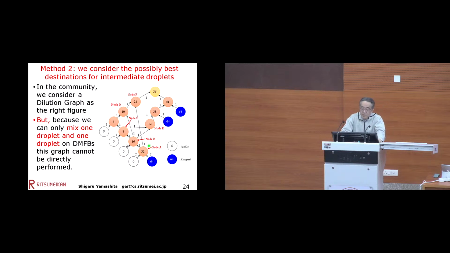This graph means that we have two buffer droplets and two sample droplets, and then we mix. This is a half ratio, and we have 4 droplets here, and 2 are going here, and 1 is going here, and 1 is waste.